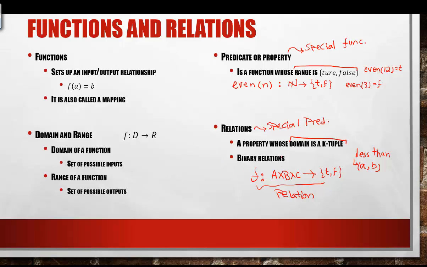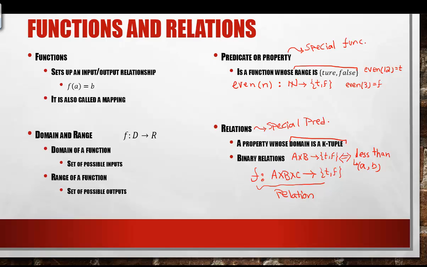Binary relations take two inputs, an ordered pair, and then generate true or false. So less than is a binary relation.